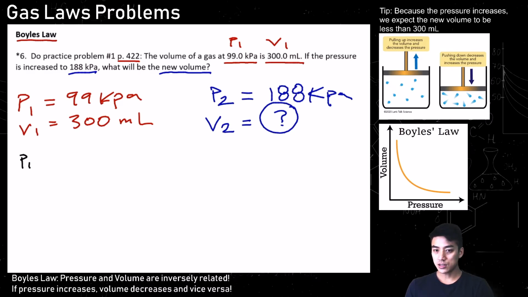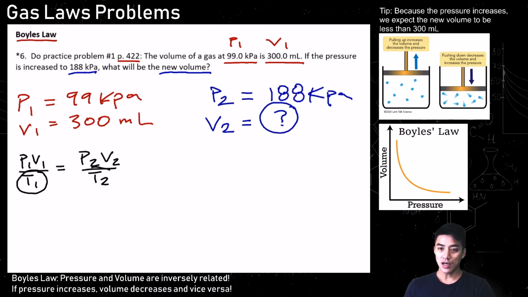So you just need some basic algebra skills to solve this problem. And I'm going to start with something called the combined gas law. And I noticed that in the problem, T is not given at all. So that means temperature is being held constant.